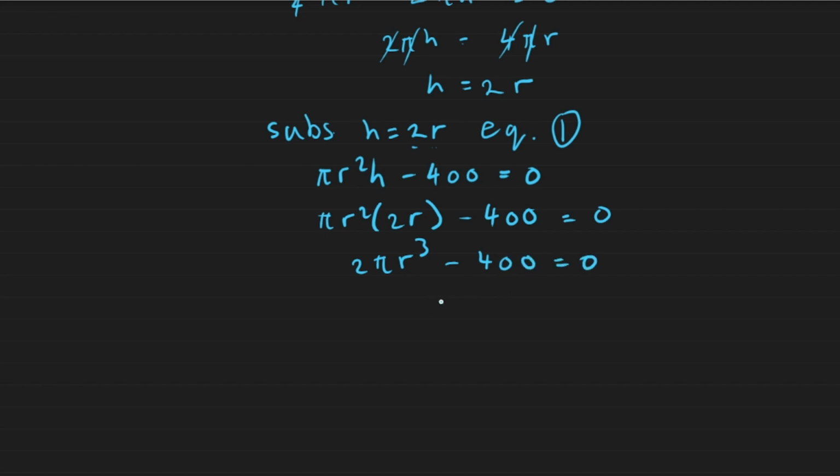If we solve for r, we see that r is something like 4 meters. And remember that the height is equal to 2 times the radius, so this is approximately 8 meters.